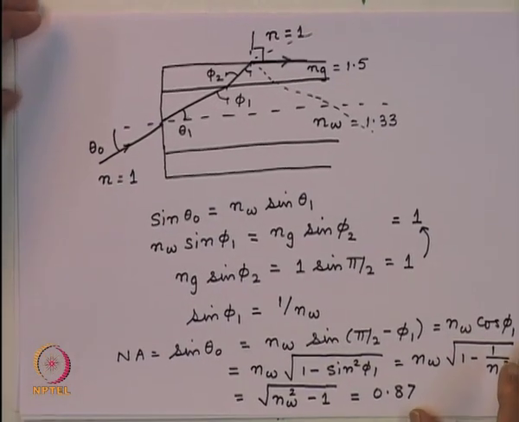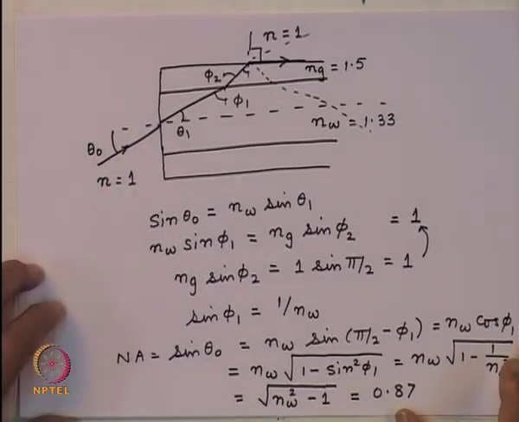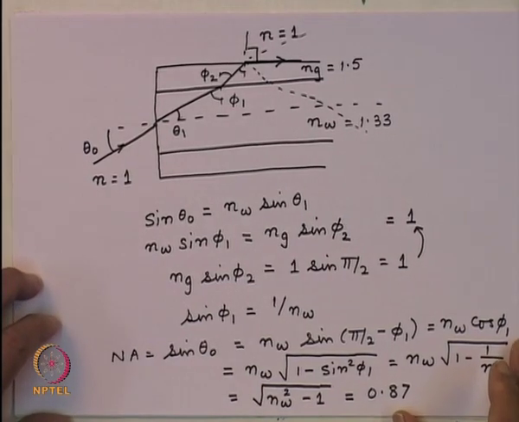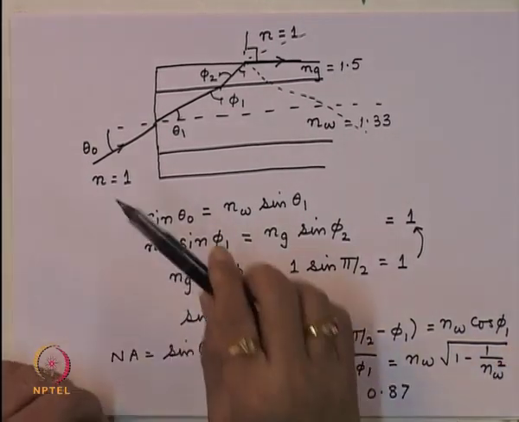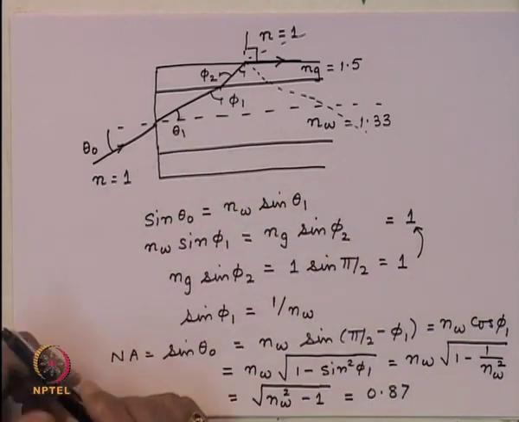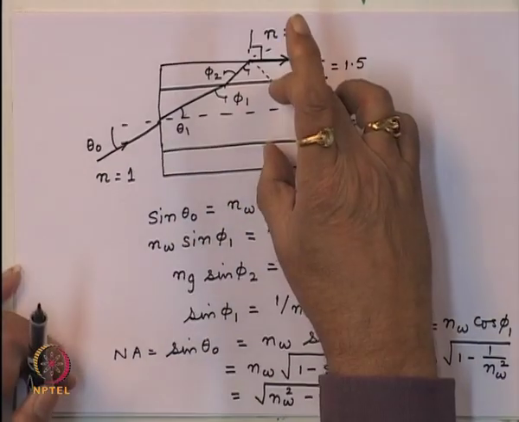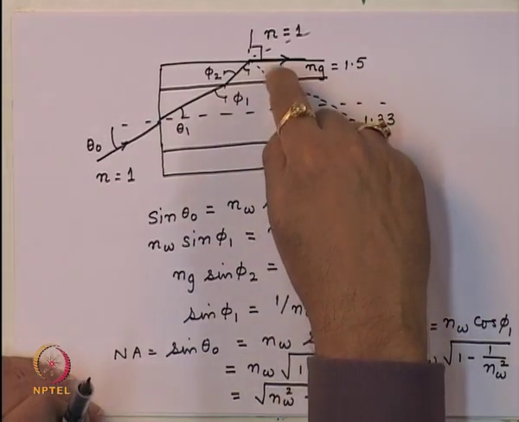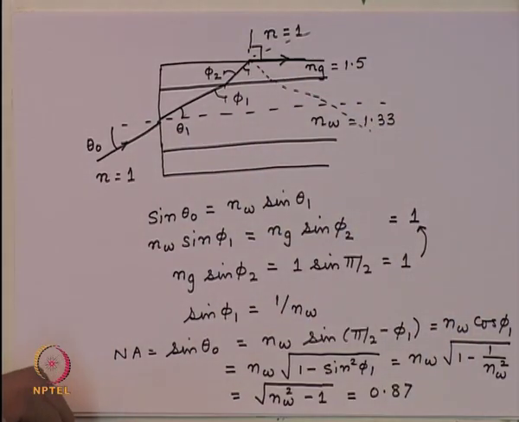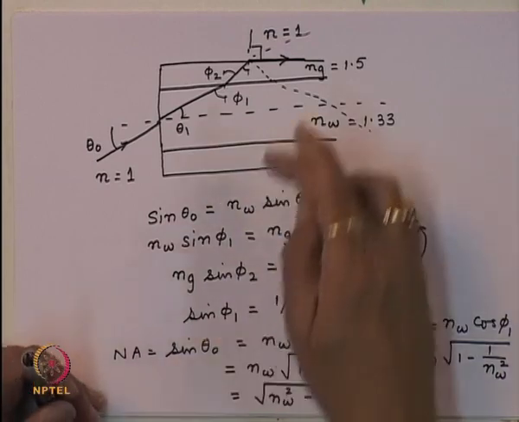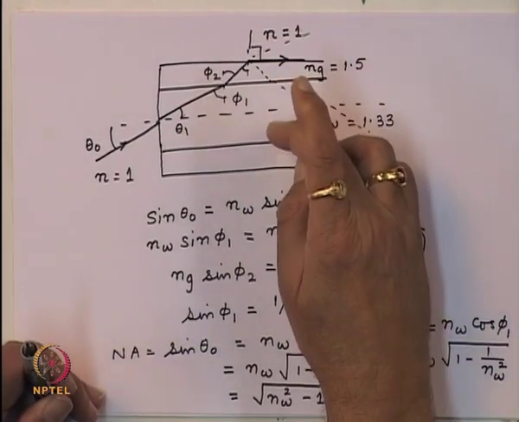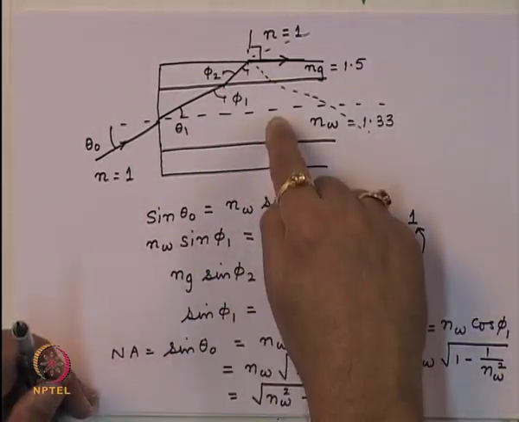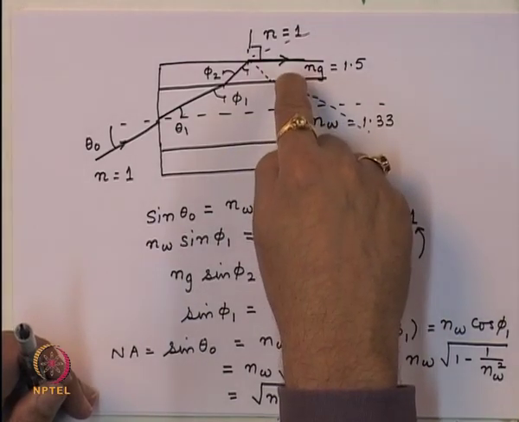So, what is interesting in this problem? The interesting thing is that when the light is trying to go inside, the refractive index of the inner region is smaller than the refractive index of the outer shell. In the conventional optical fiber sense, you have a cladding here, you have a core here, and the core refractive index is larger than the cladding.